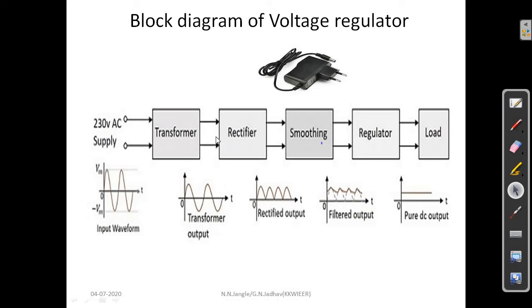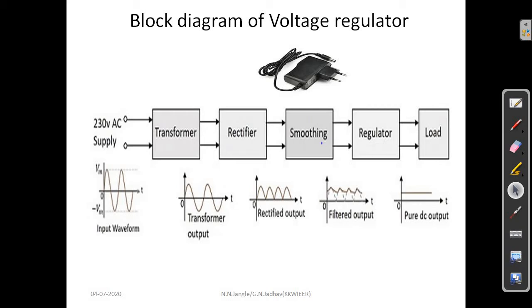Second part is what? Rectifier. A rectifier is a device which converts the sinusoidal AC voltage into either positive or negative DC voltage. It consists of a PN junction diode which conducts when forward biased and practically does not conduct when reverse biased, which can be used for rectification, that is, for conversion of AC into DC.